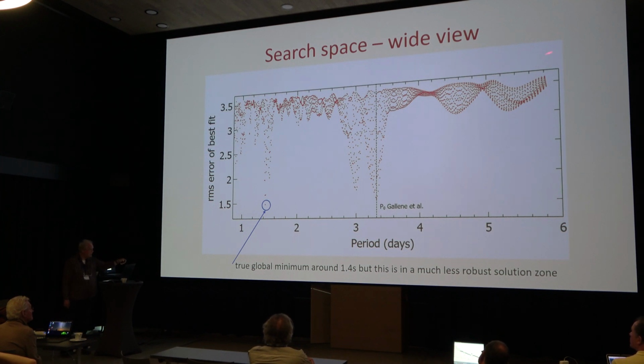Now, I conjecture, I suppose I could have tested this, I conjecture that with more data, these two regions of solution would survive, this would just fall away. That's my belief at this moment in time.